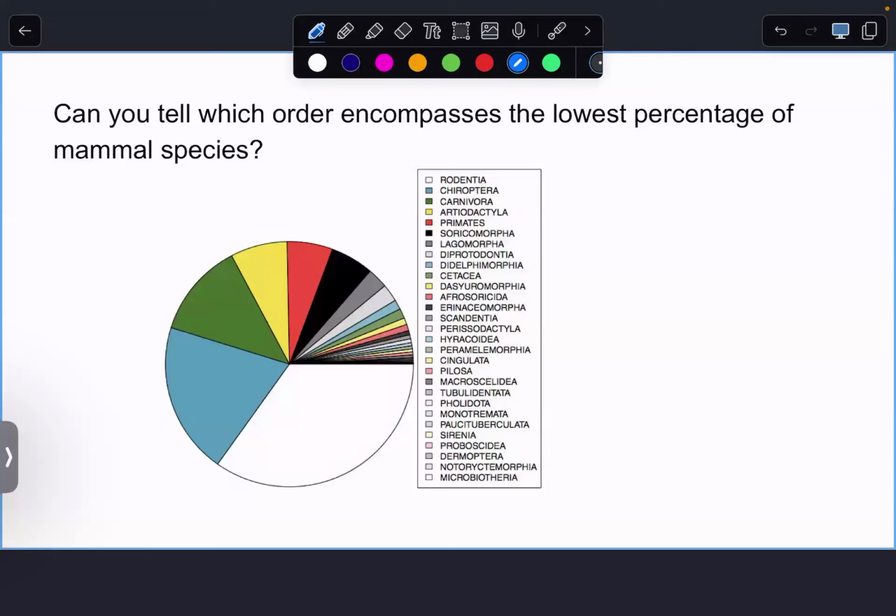A pie chart is only easy to read if there are two categories.